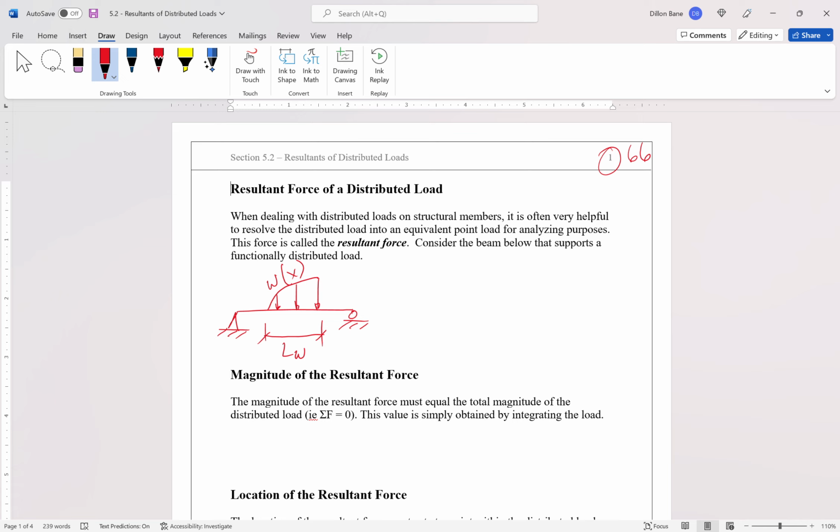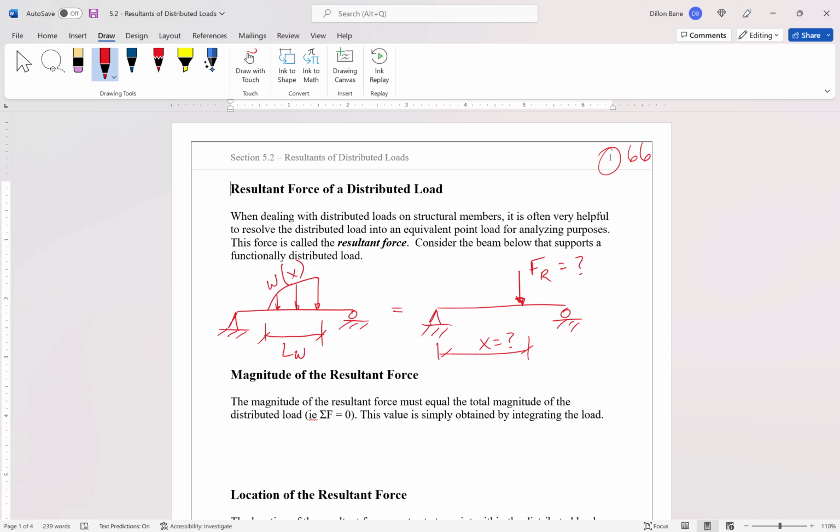A lot of times what we're looking for is to break this distributed load down into one single point load to make our life easier. The way that we do that is I want to take this load, and instead of having a distributed load on the beam, I just want to replace it with one single point load somewhere along this beam, such that it all comes out to be basically the same loading.